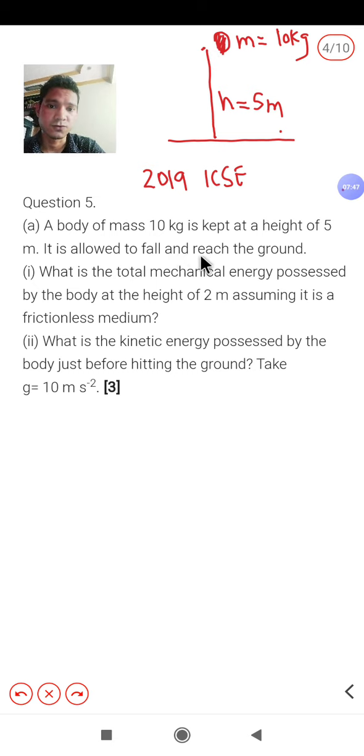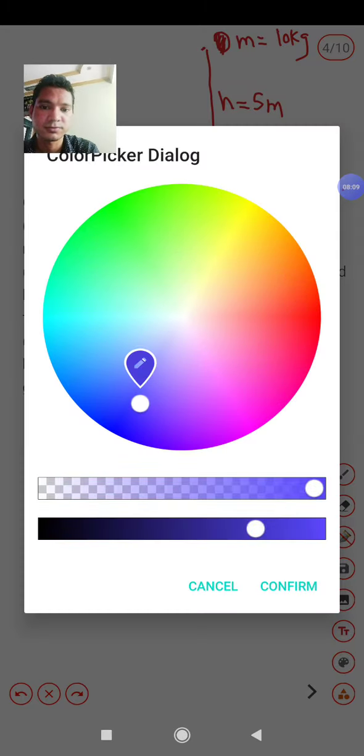It is allowed to fall and reach the ground. What is the total mechanical energy possessed by the body at height 2 meter? Then what is the kinetic energy possessed by the body just before hitting the ground? Obviously it will strike the ground with some velocity, with some kinetic energy. That kinetic energy we have to calculate. So let's solve this numerical here.